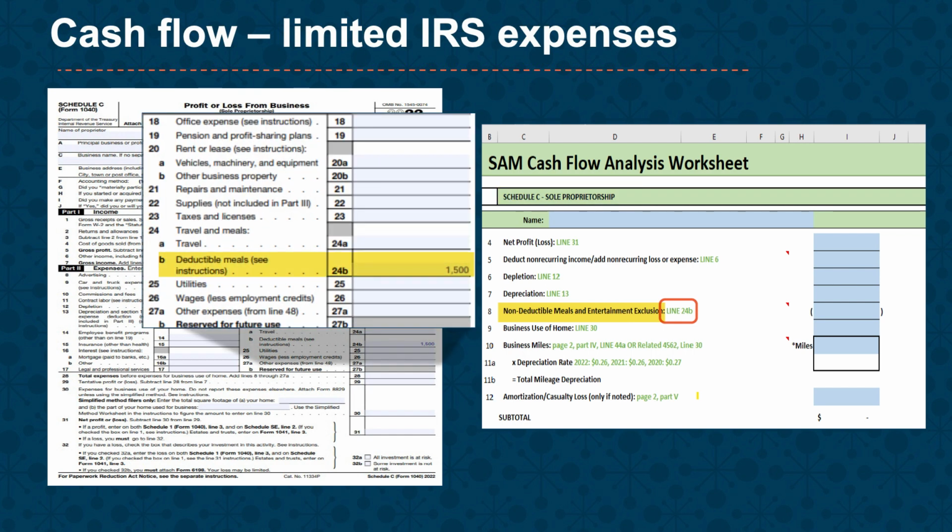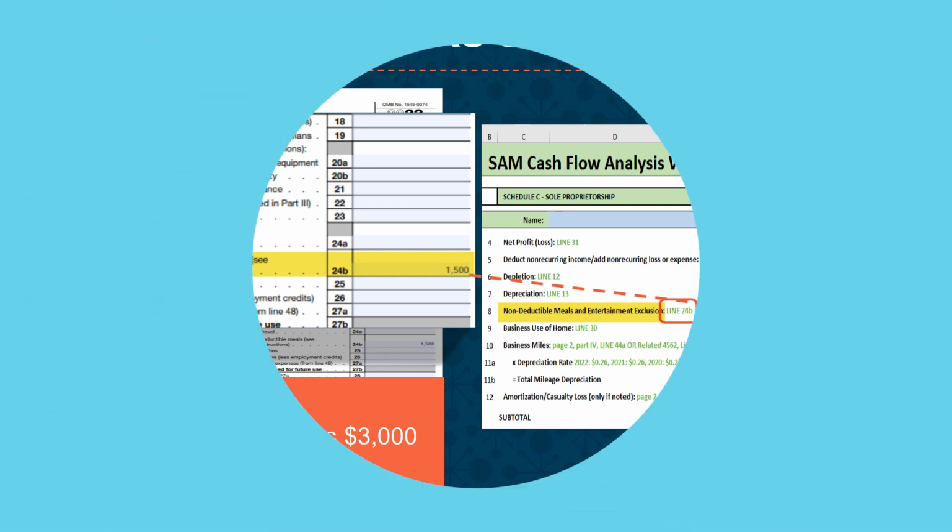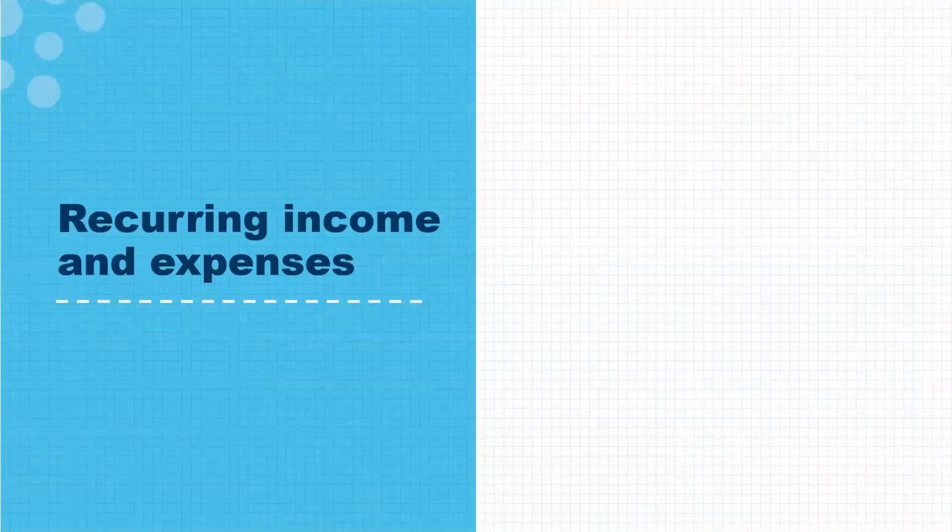However, since they were capped at 50%, this means that their actual expense was $3,000. We will input the $1,500 into our worksheet to account for the 50% that they were not allowed to claim. The parentheses means that the worksheet will deduct this figure. Moving on now to the last key concept, starting with recurring income and expenses.